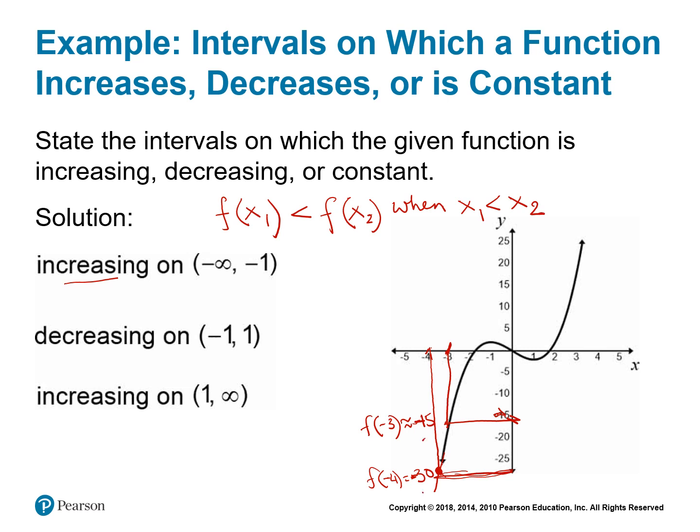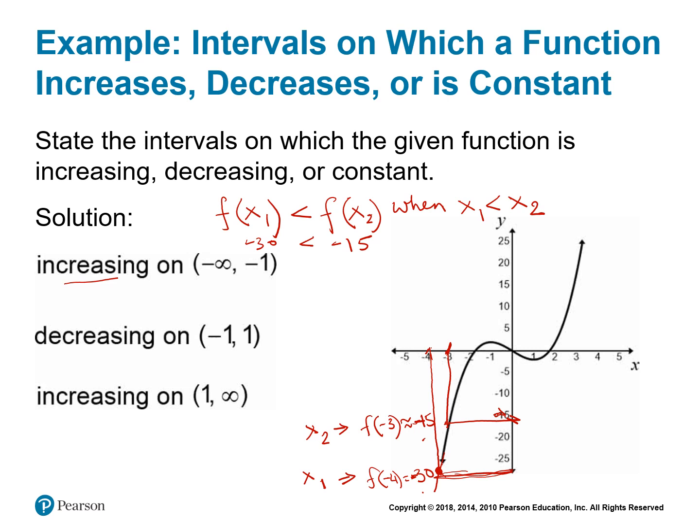So if negative 4 is our x1 and negative 3 is our x2, then the corresponding y values are less than each other, right? This was negative 30, which is less than negative 15. Therefore, it satisfies the condition of an increasing function.